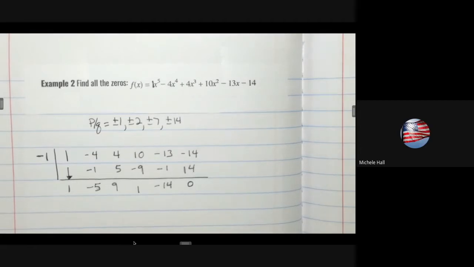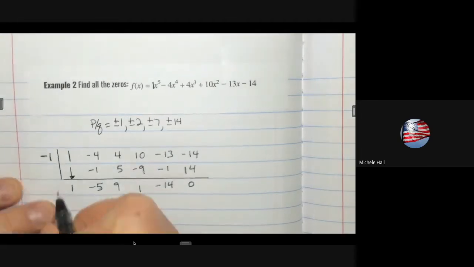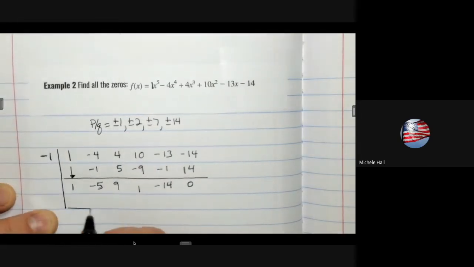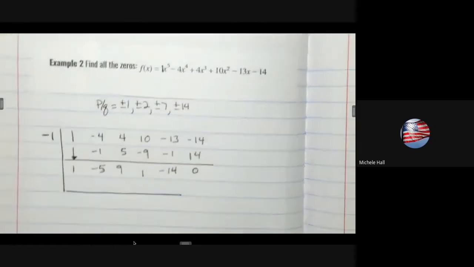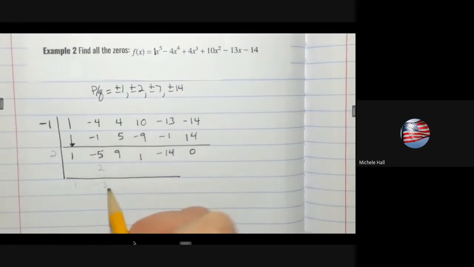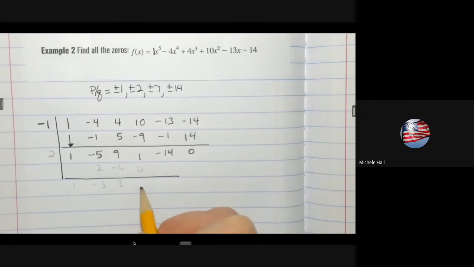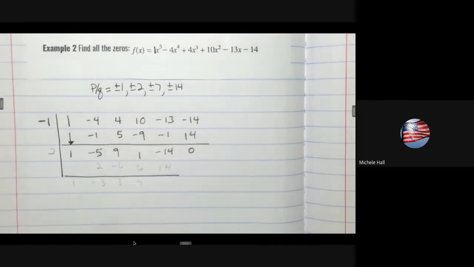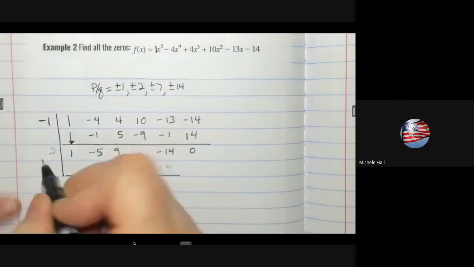All right, we're looking for another solution here. And 2 is also going to be a solution.